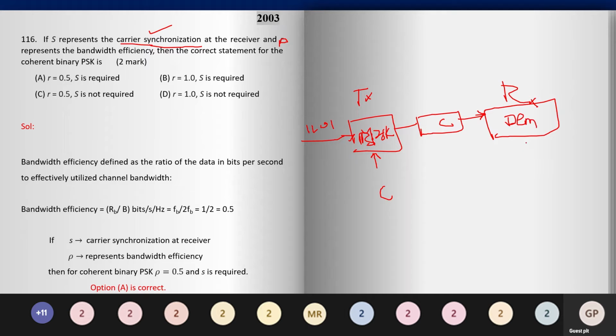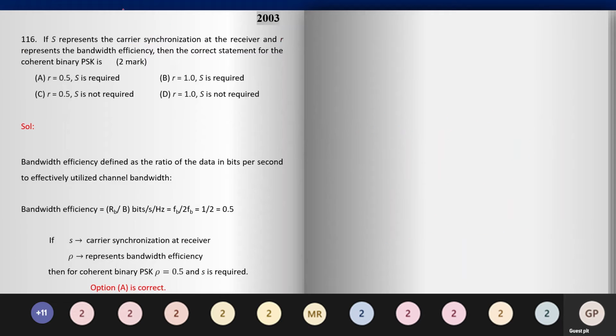The same carrier has to be used here. That is called carrier synchronization. Here we take that synchronization symbol as S. And the total bandwidth efficiency is what we are going to calculate for this communication system. The values are given here, so we're going to see that now.